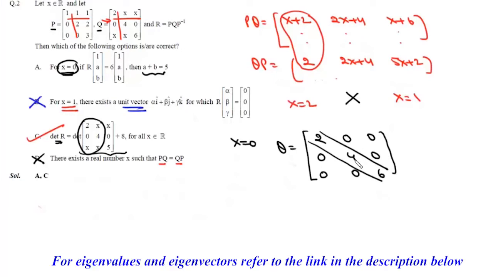Now we know that for a diagonal matrix, eigenvalues are the diagonal elements. So for this Q, eigenvalues are 2, 4 and 6.